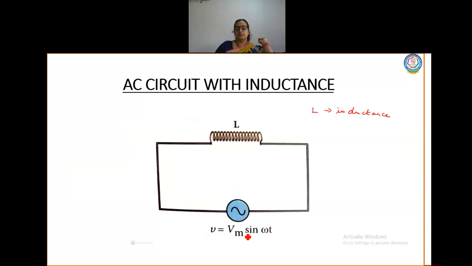V is equal to Vm sin omega t. Now this V is nothing but the instantaneous voltage. This equation you are already familiar with; we have already discussed it in our last topic.